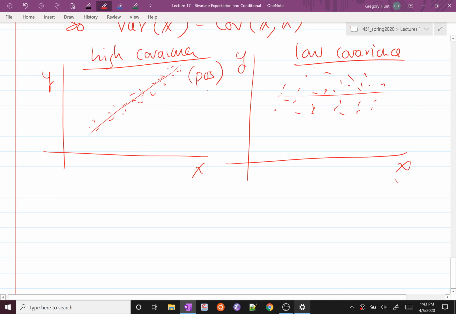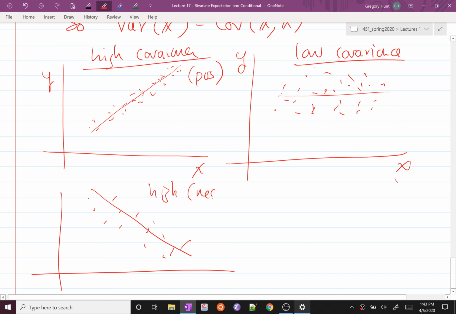So this is a positive covariance, and you could also have something like this, where this is a high negative covariance, so you get a negative relationship between X and Y. It's basically measuring: when X is above its mean, does Y also tend to be above its mean?